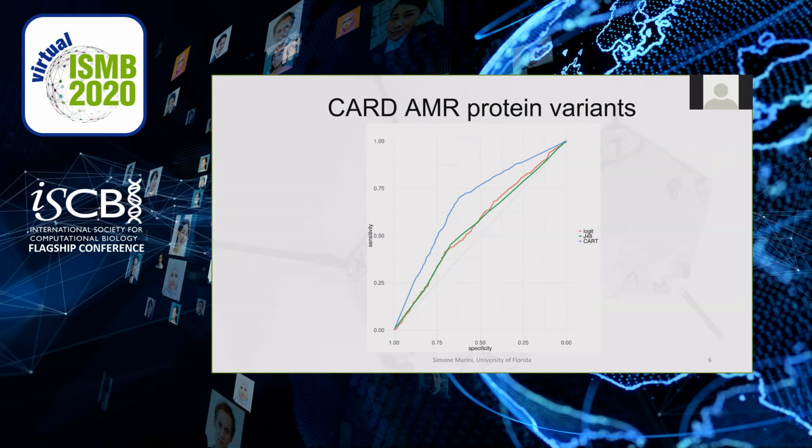And although the results are not strong enough to have a machine learning classifier based only on that, we found that there is a non-trivial signal there in the relative solvent accessibility to predict resistance or susceptibility, as shown by these ROC curves from logistic regression, J48, and CART decision trees that are distant from the baseline.